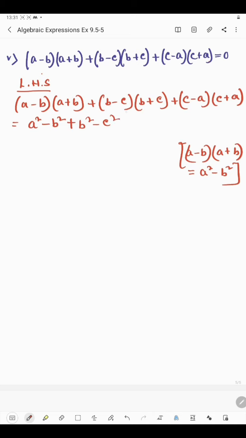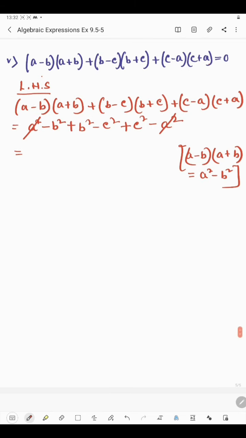Square of the first one minus square of the second one, plus square of the first one, (c − a)(c + a). So we'll write the square of the first one, which is c², minus square of the second one, which is a². Now we can see that a² plus a² and minus a² will be cancelled. Same variable, opposite sign, and b² and b² will be cancelled, c² and c² will be cancelled.